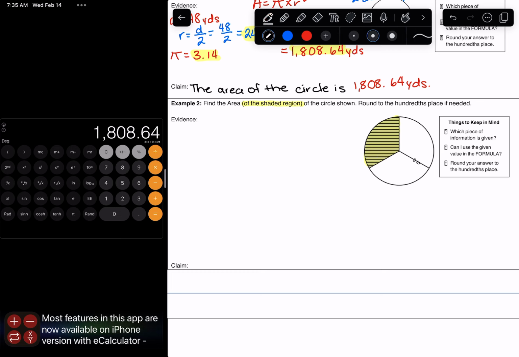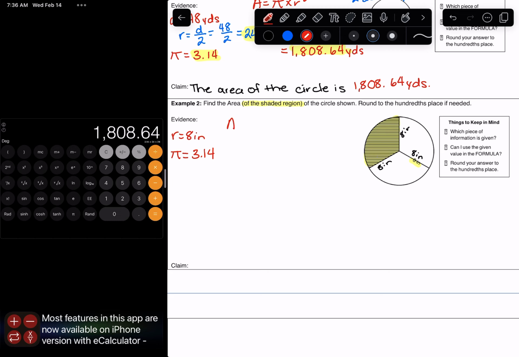To do that, I need to see if I have a radius. This right here is kind of hard to see, but it says 8 inches. Because this radius is 8 inches, I know that this one is 8 inches, and this one is also 8 inches. So all of this is 8 inches. And I only have the radius, so radius is equal to 8 inches. My other information I need is pi is equal to 3.14.